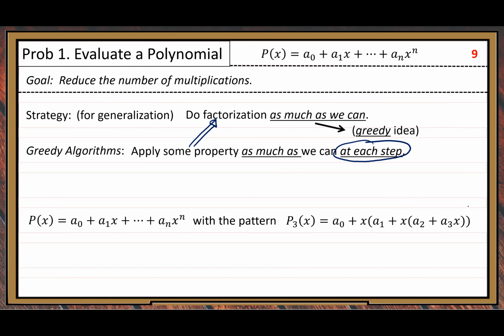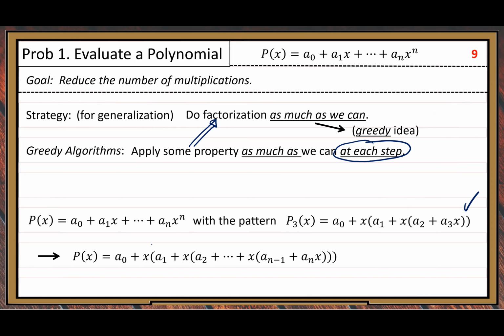So we can do the analogy. We try to do the same thing for the general polynomial. So the general factorization, step by step.